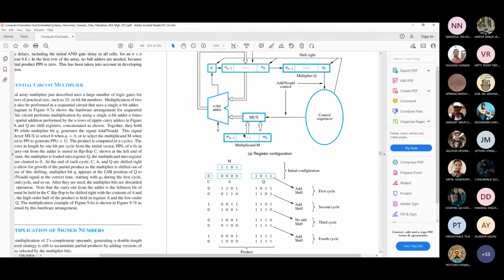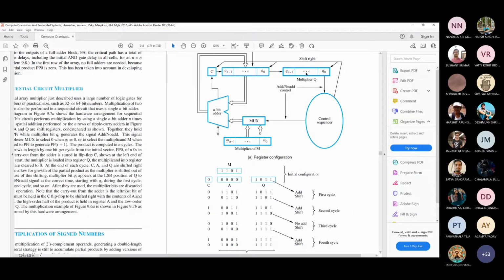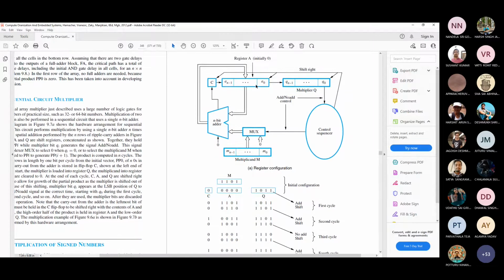So whether it will be added with the multiplicand or with 0, this decision is taken by the current bit position of the multiplier. The multiplier and the result register, which is called register A, is basically designed using a shift register. The least significant bit of the multiplier comes out of here.